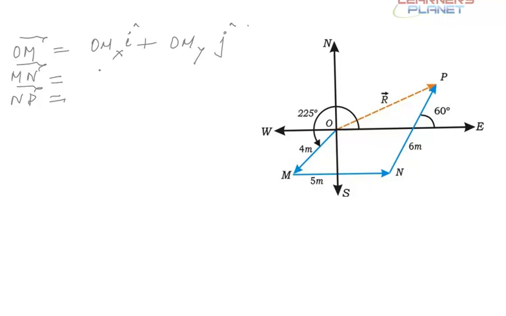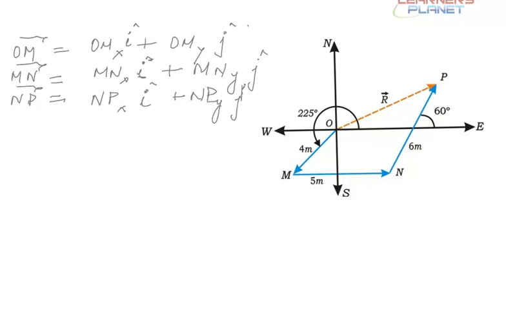Similarly MN will be MN X component i cap plus MN Y component j cap, and NP X component i cap plus NP Y component j cap.